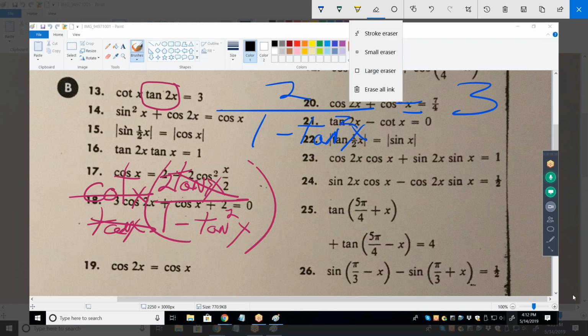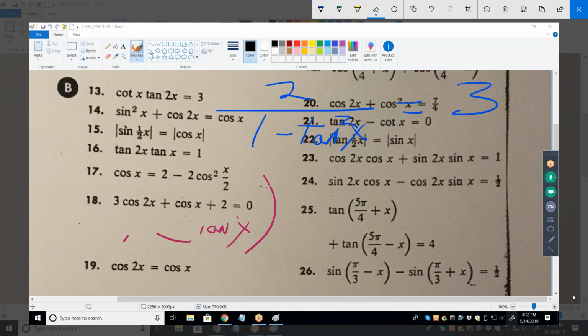So where do we go now? Multiply by the denominator on both sides. Got to be a little careful here because tan squared of x can be 1.